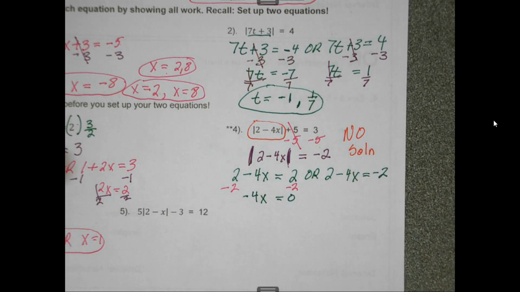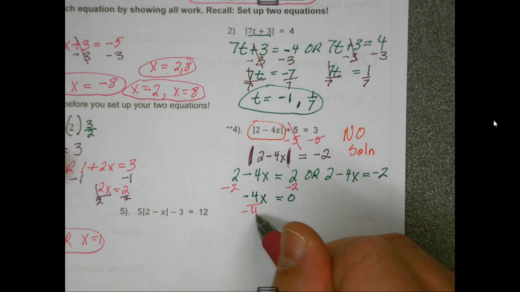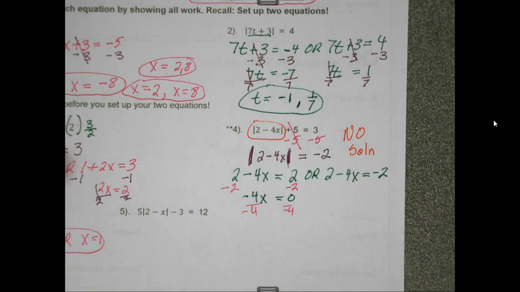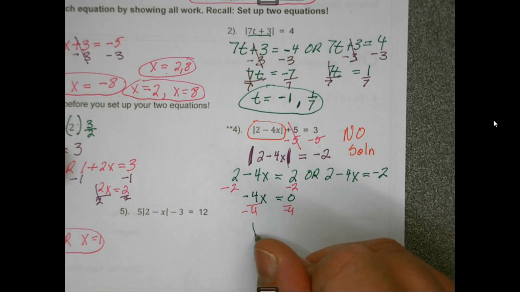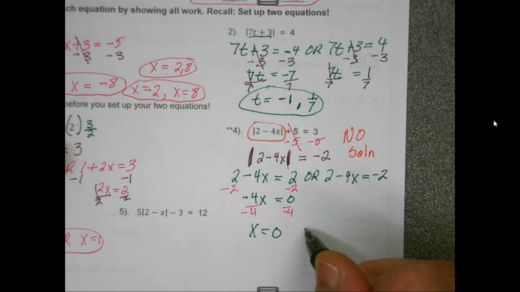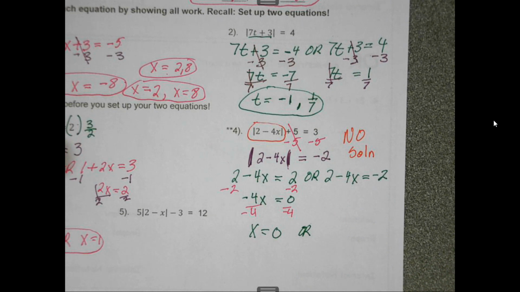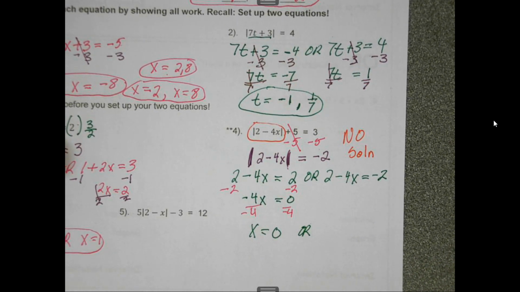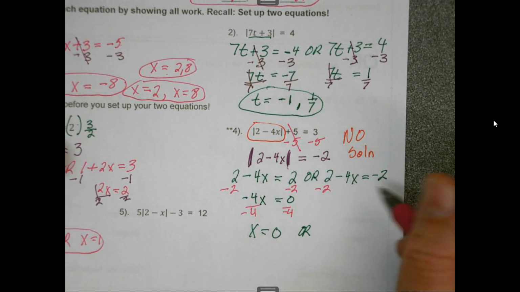And let's do the same on this side. Minus 2, I get negative 4x equals negative 4. Divide by negative 4. And I get x equal 1.